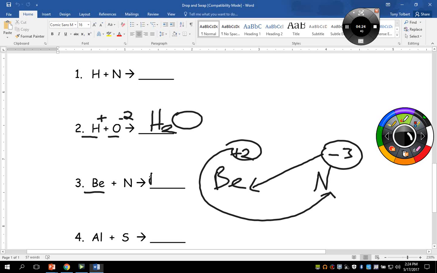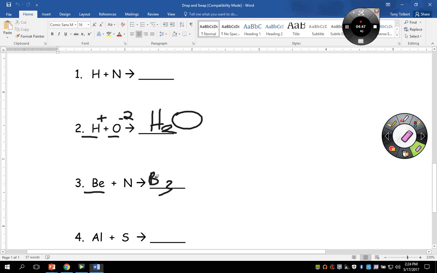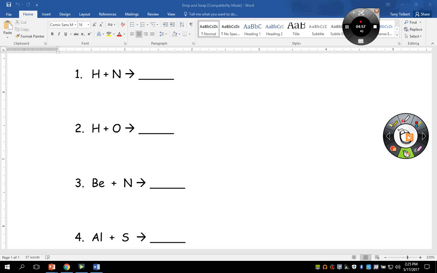So this becomes Be3N2. I do write the 2 because that denotes that it is more than 1. So those are some examples. In class, I may do more examples. Hopefully, you understand it. You drop the charge, you swap the numbers.